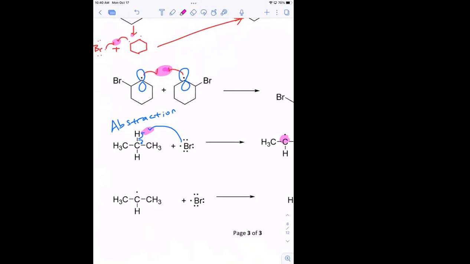If you watch the video, you know what I'm talking about. So you've got an initiation step, a propagation step, and a termination step. So all propagation is abstraction. Any questions about how that happens? I homolytically cleave the CH bond, and then I make the HBr bond. That's how I got HBr on the other side.